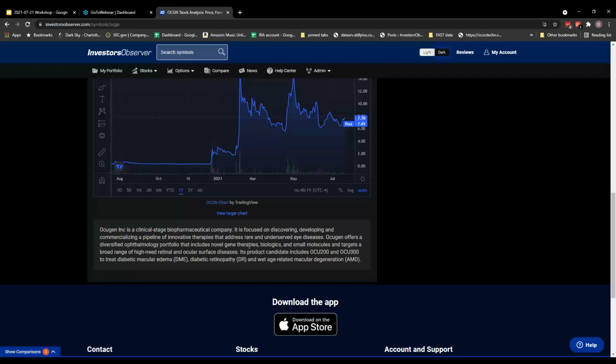what you'll notice here is clinical stage biopharmaceutical company. Clinical stage typically means they're only in trials, discovering, developing, and commercializing a pipeline, which suggests they have some things they're testing, but not necessarily a product.